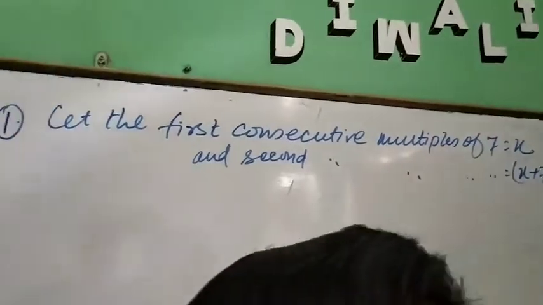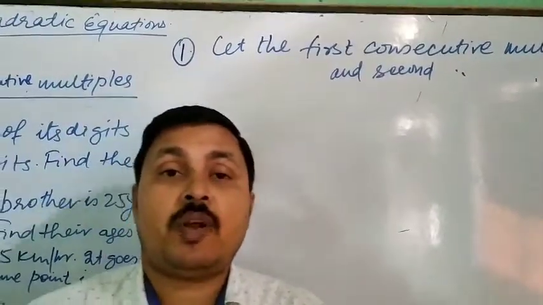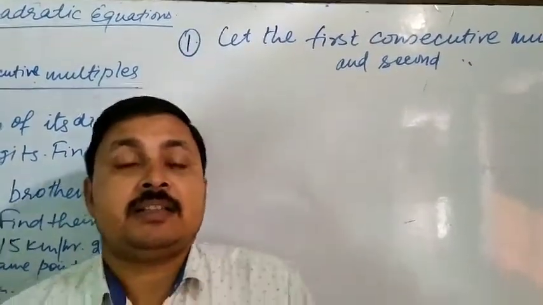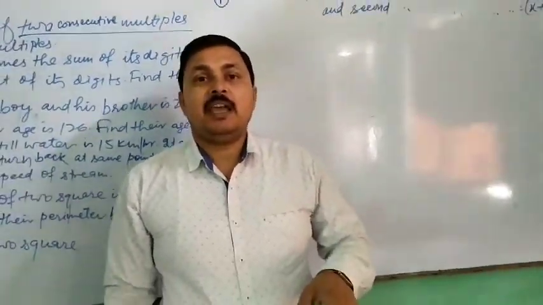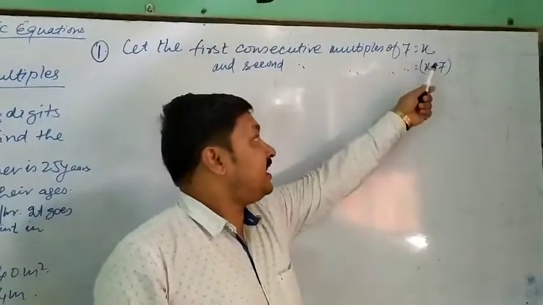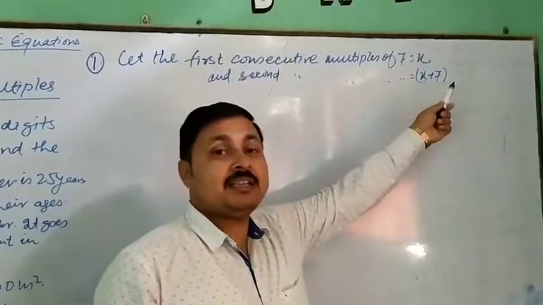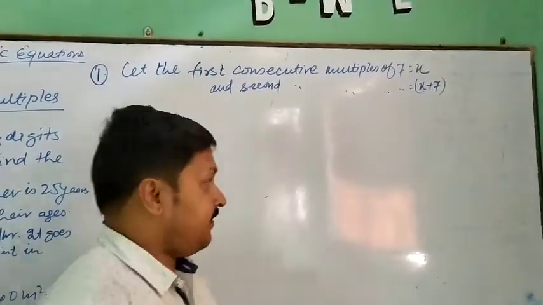Multiples of 7 means 7, 14, 21, 28. The difference between two consecutive numbers is equal to 7. So the first number is x, then the second number is x plus 7.